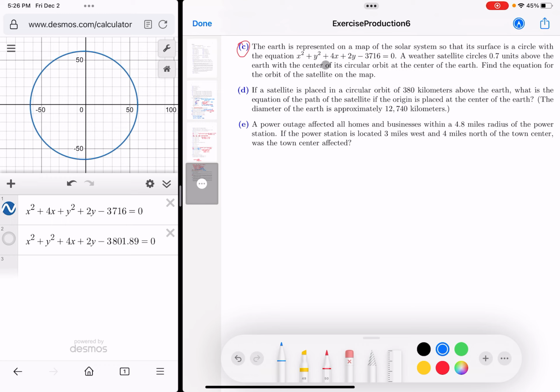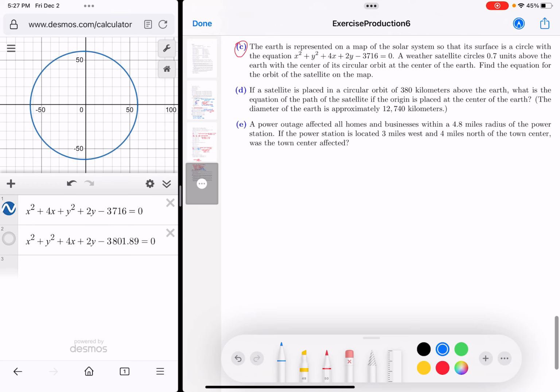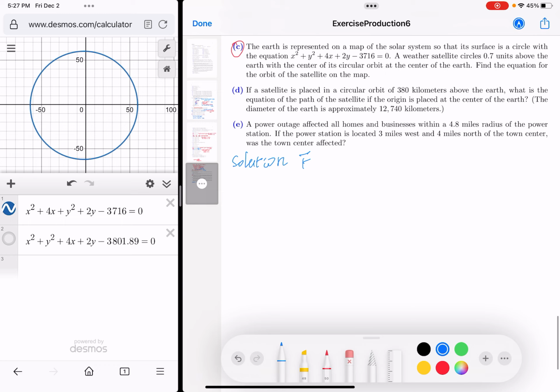And the first step here we want to do is to find the radius of the Earth. So here the solution is, we want to find the radius of the Earth.